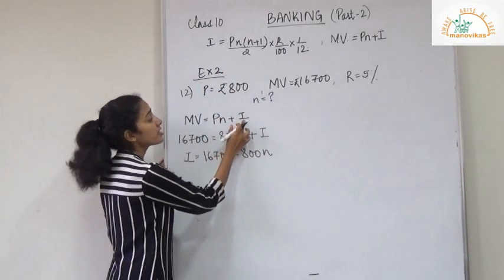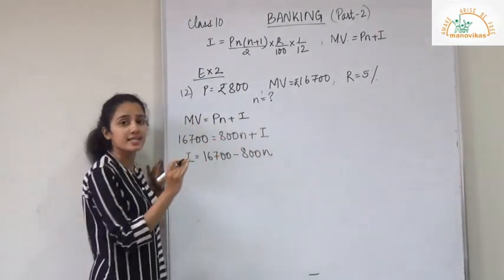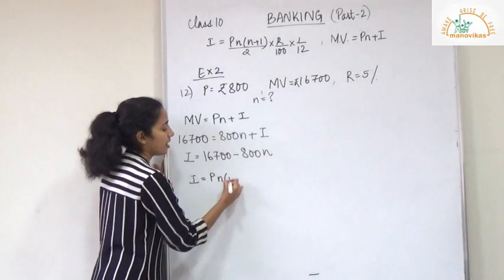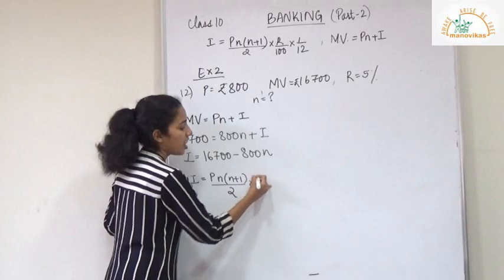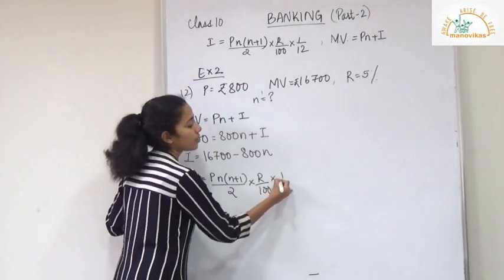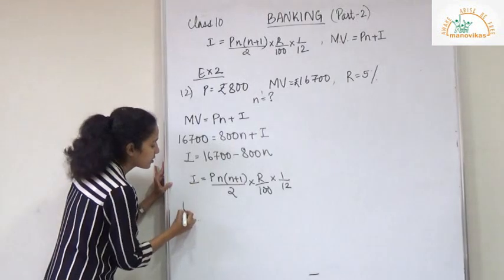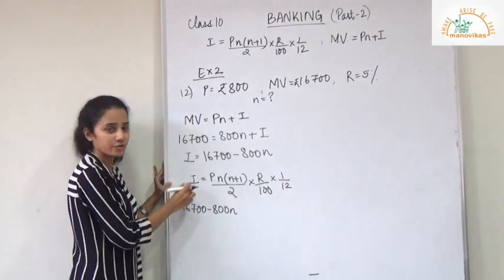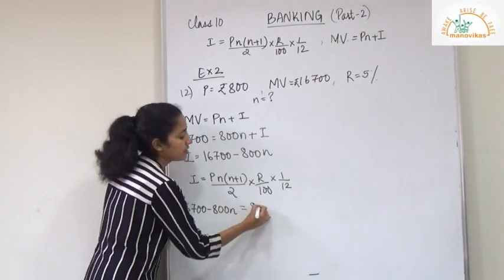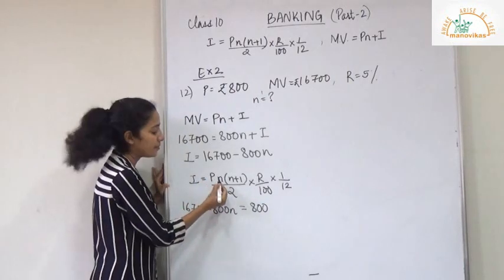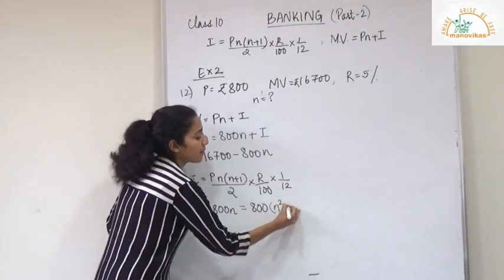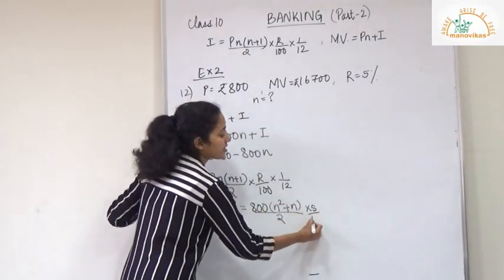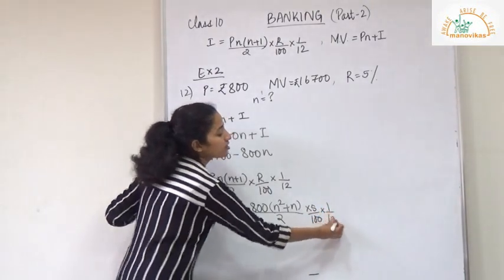Now we will be using the interest formula and calculating n. You could have also used the interest formula in the maturity value formula itself. So taking it separately, I have I is equal to P n, n plus 1 divided by 2, R divided by 100 into 1 upon 12. So this is 16700 minus 800n, that is your interest. P is 800. Since n is unknown, I will be multiplying it inside. So I have n square plus n divided by 2. The rate is 5 divided by 100 into 1 upon 12.